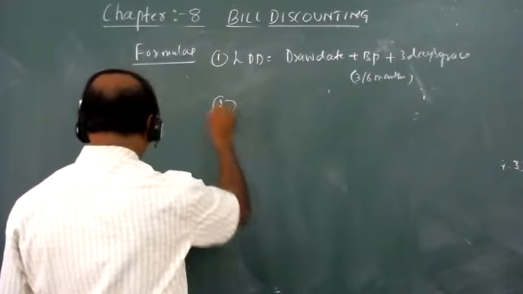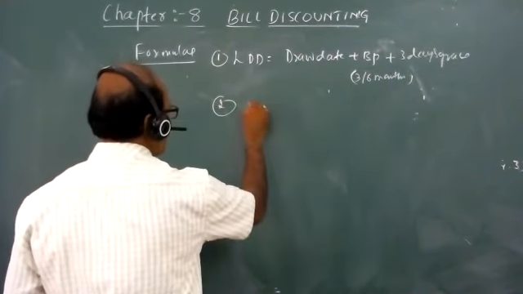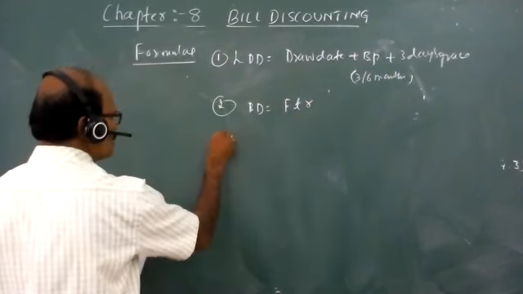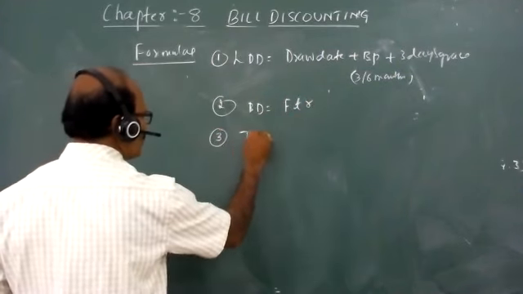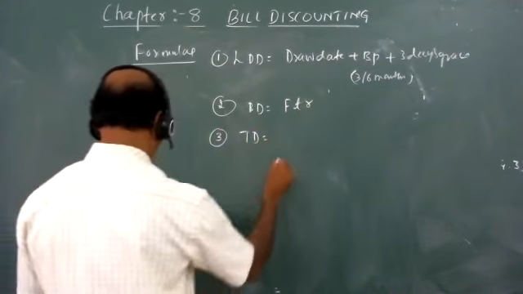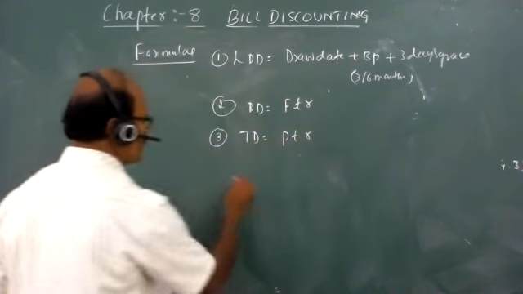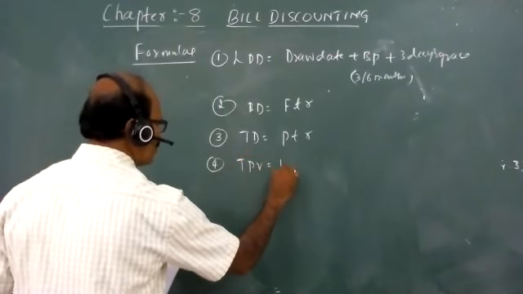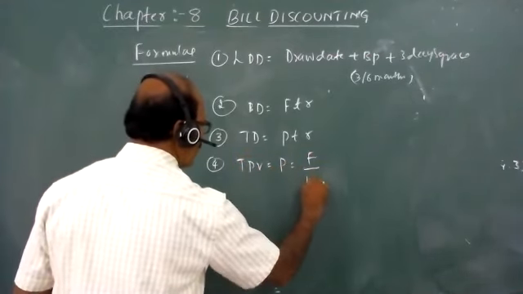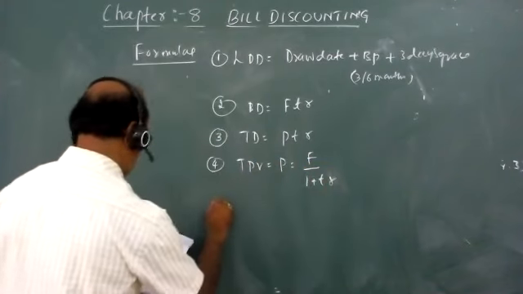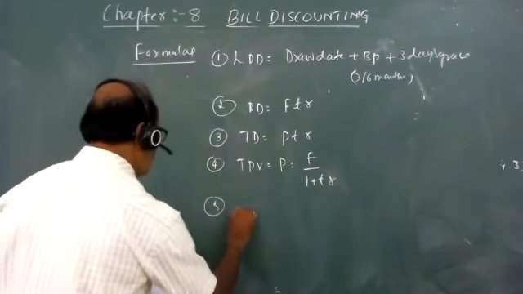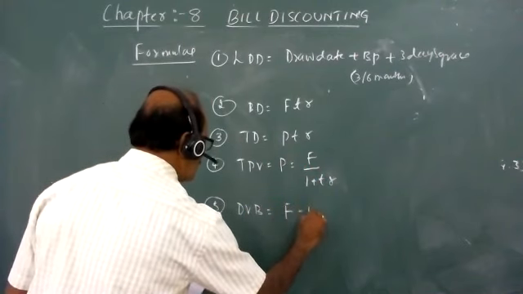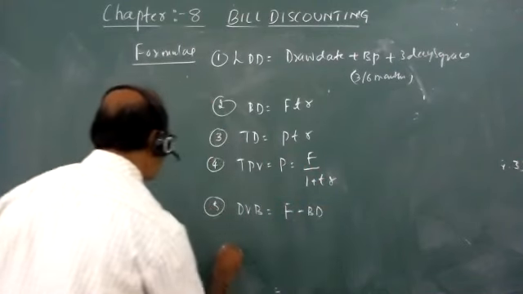And the second formula is banker discount, BD = FTR, and true discount, TD = PTR, and true present value, P = F by 1 plus TR, and discount value of the bill is equal to F minus BD.